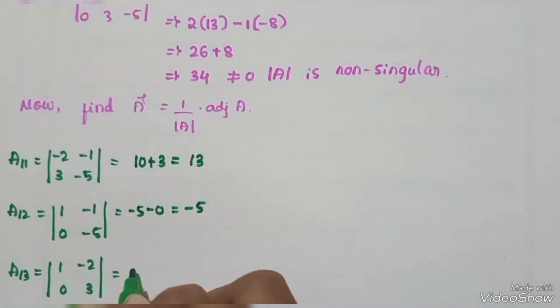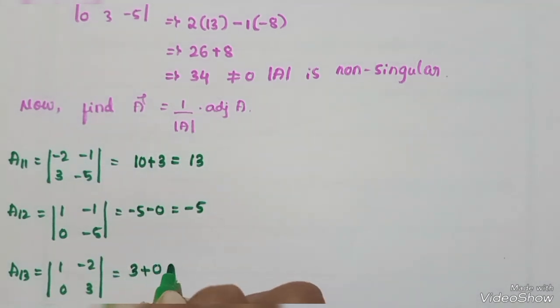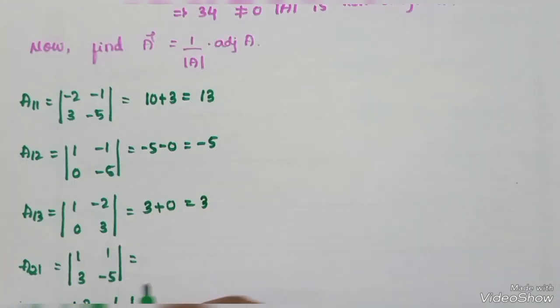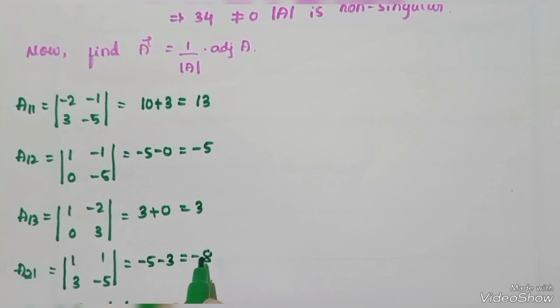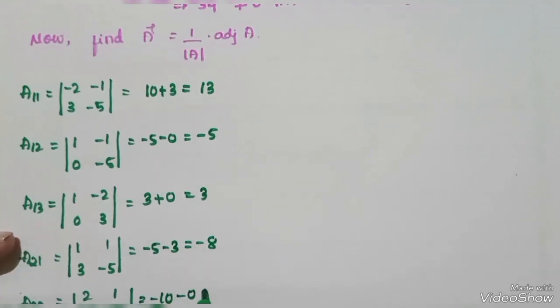Then 1 into 3, 3 plus 0, it becomes 3. Next 1 into minus 5, minus 5, 3 into 1, 3, there is a minus, minus 3, so minus 8. 2 into minus 5, minus 10. 0 into 1, minus 0, it becomes minus 10 only.